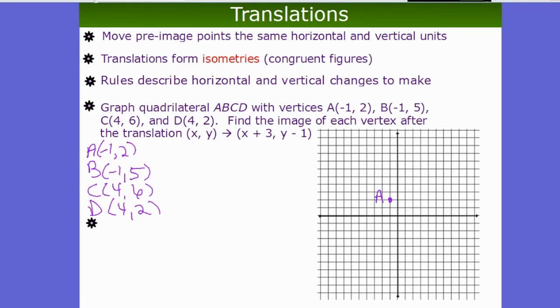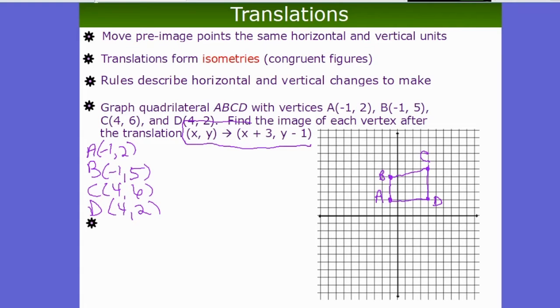So this is point A. B is -1, 5. And that's B. C is 4, 6. And D is 4, 2. And we can make the quadrilateral by drawing the segments between these points. And there it is. So quadrilateral ABCD. So we want to find the image for each vertex after doing this translation.